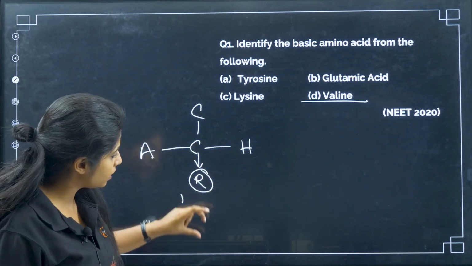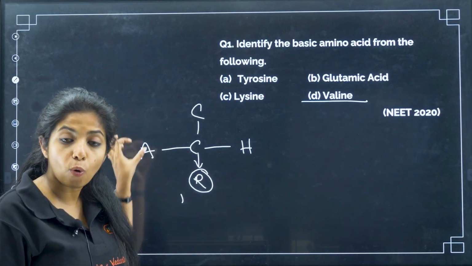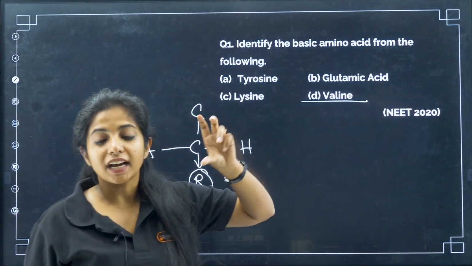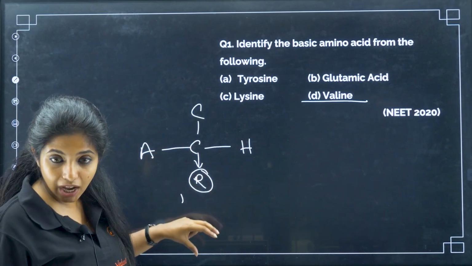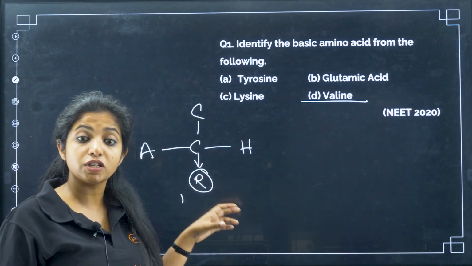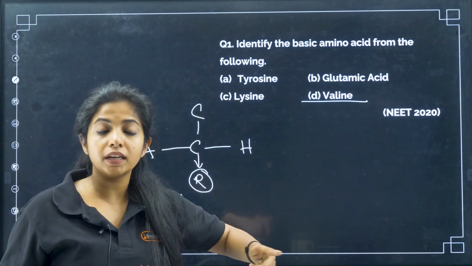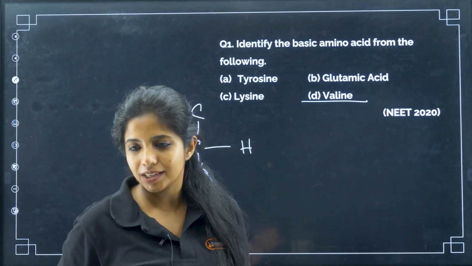Talking about lysine, lysine is actually basic in nature. Why? Because over here in the R chain, it has an amino group which makes this whole structure what? Basic. Talking about glutamic acid, again it will be having a carboxyl group in its R chain, which makes it acidic. Talking about tyrosine, tryptophan, phenylalanine, they are all aromatic amino acids. That means they would be having a ring shaped structure and things like that.